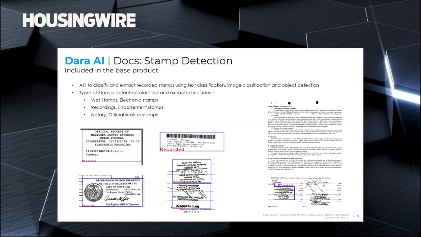So using our stamp detection and signature detection, we can go in and look for these final stamps to determine this is the final document. So instead of having a user look through 6 or 7 different versions of a note, maybe 5 of them drafts, we can identify which ones are the final.